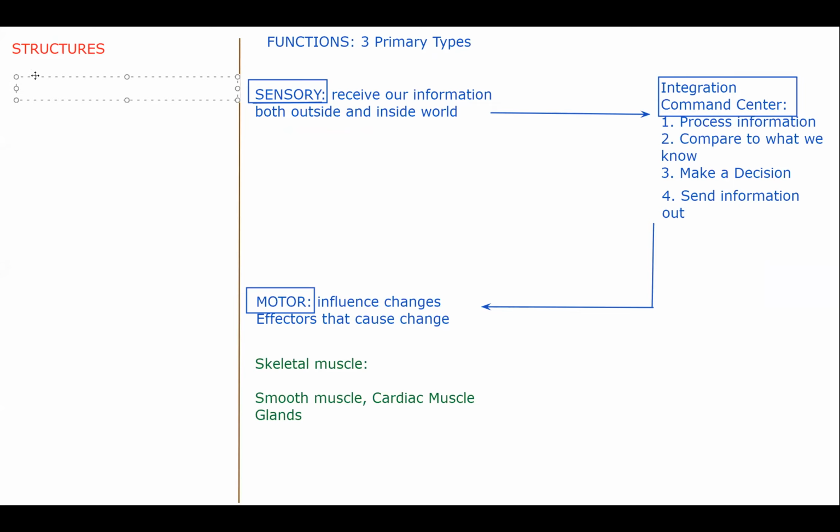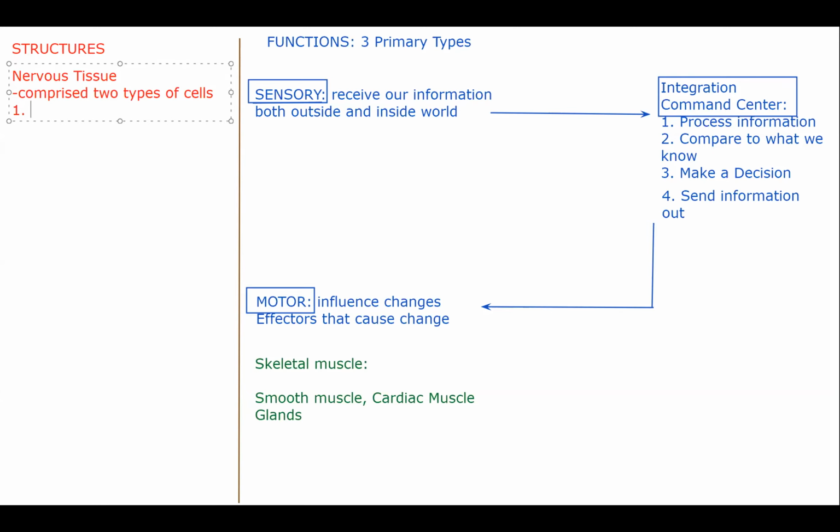And of course, primarily of that is our nervous tissue. Our nervous tissue is the primary structure that makes up our nervous system. Right? However, that nervous tissue is comprised of primarily two types of cells.